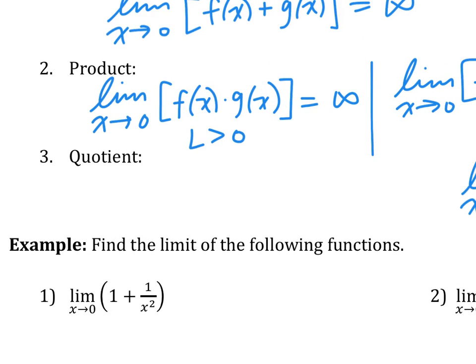Okay, last one. Limit as, let's say, x goes to 0 again, of g of x divided by f of x. Remember, g is going to a number L. f is going to infinity.